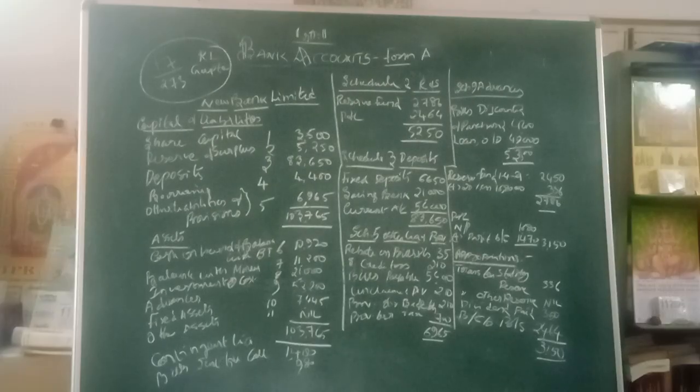Number 2 treatment is the closing balance of rebate on bill discounted is supposed to be adjusted either in other liabilities and provisions, or you can adjust that item from advances, schedule number 9. In this way we have to treat.